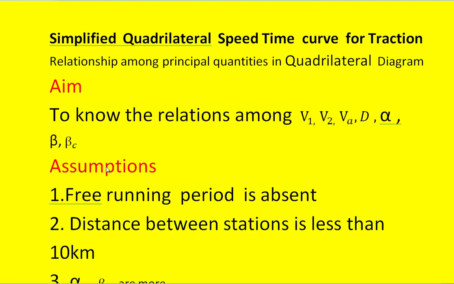Next, assumptions. Here the first assumption is the free running period is absent. Second assumption, distance between the stations is less than 10 kilometers or maximum equal to 10 kilometers.